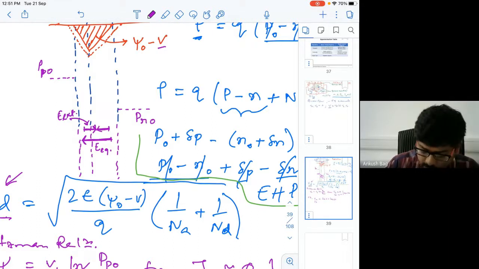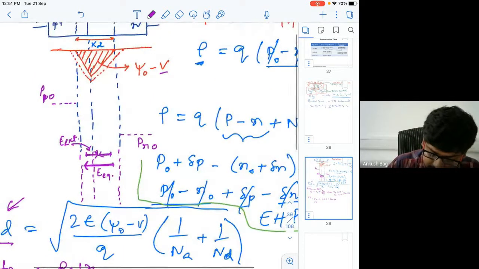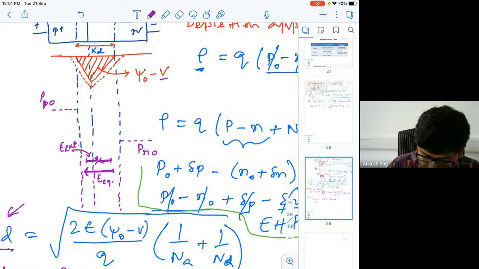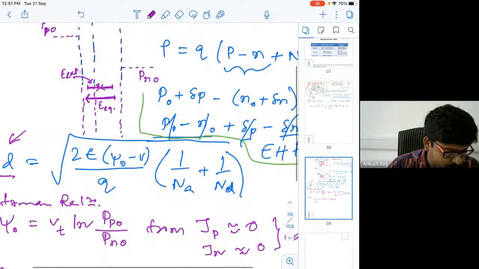So the overall message is, due to this applied forward biasing, the electric field will reduce, or the voltage psi naught, the built-in potential, will reduce.